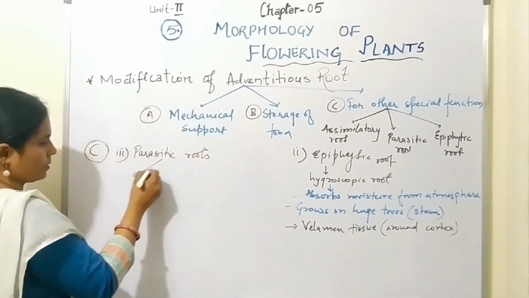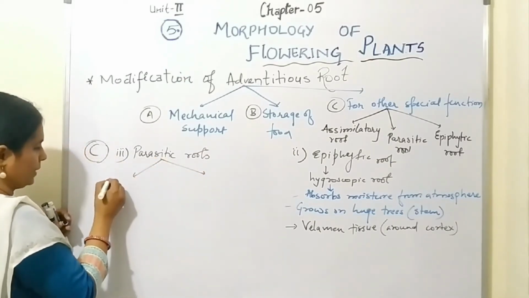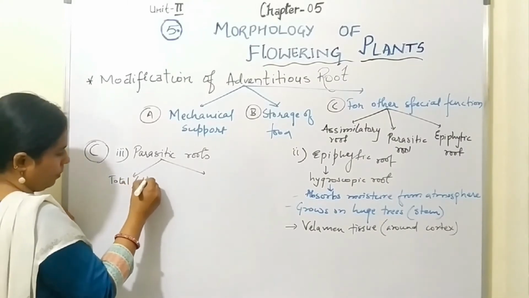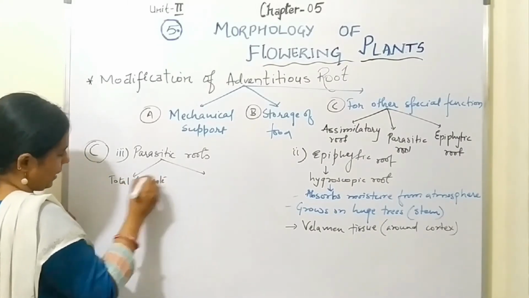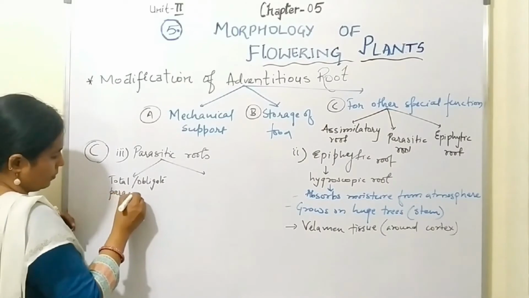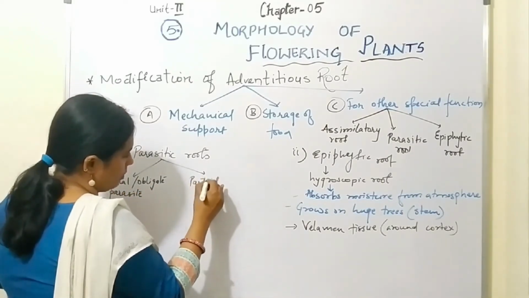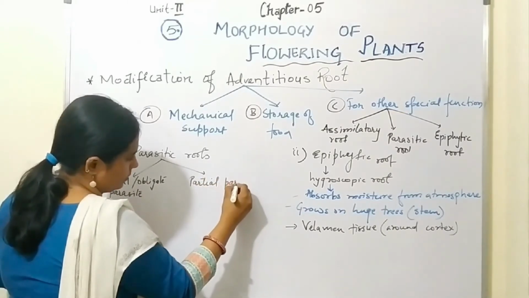So here you will see there are two categories: total or obligate parasite and partial parasite.